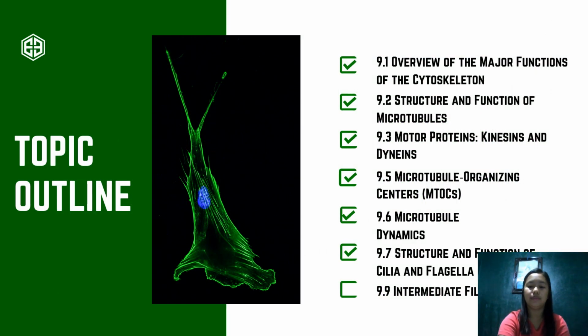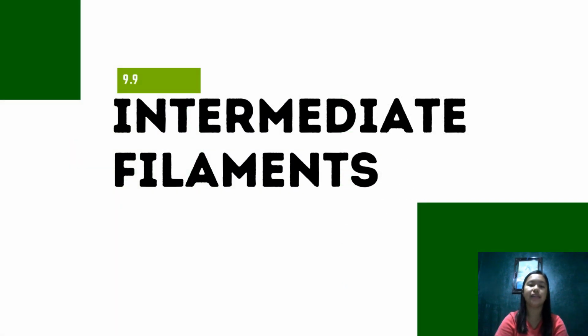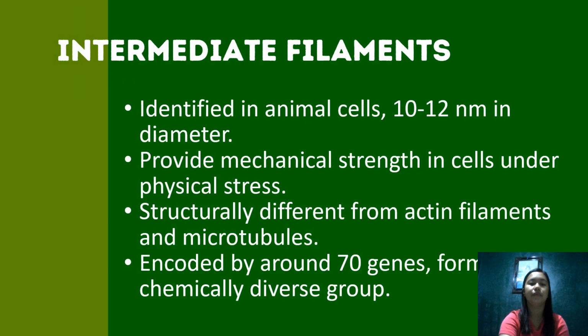So, muna tayo sa huli, sa intermediate filaments. So, intermediate filaments or IFs are solid and branched filaments identified in animal cells with a diameter of 10 to 12 nanometers. They provide mechanical strength to cells experiencing physical stress such as neurons, muscle cells, and epithelial cells.